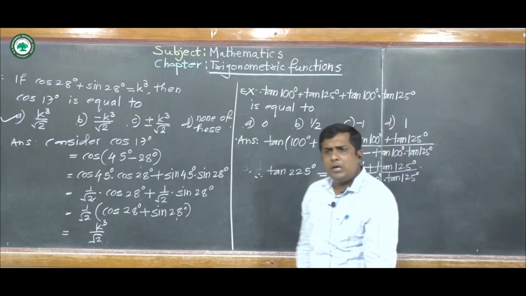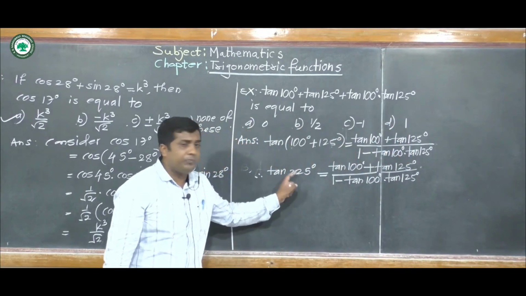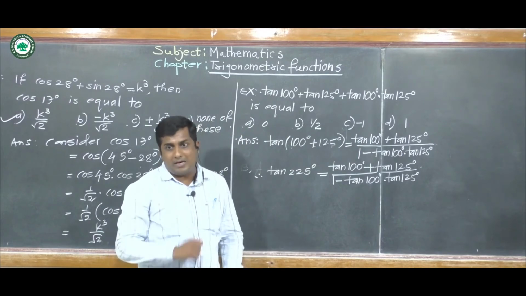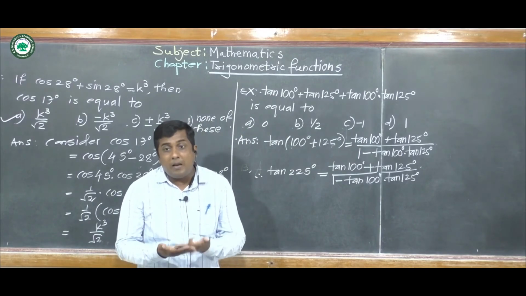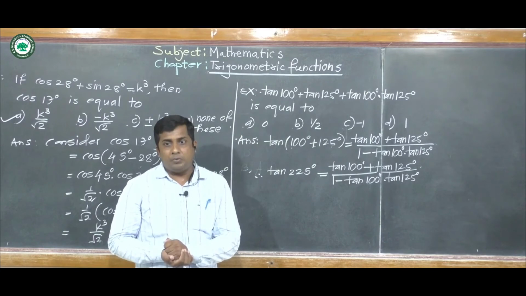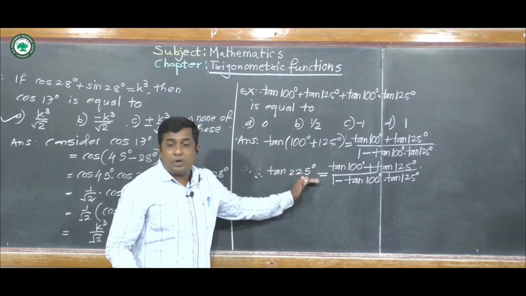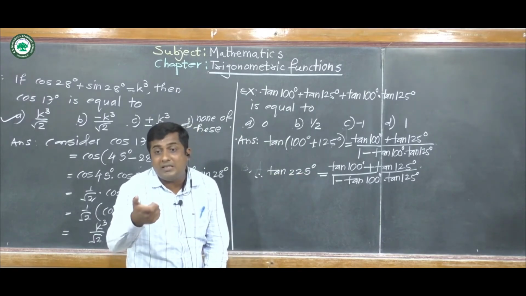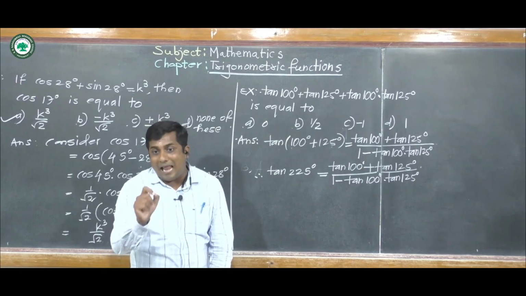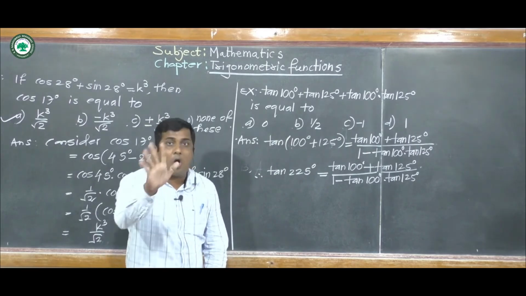Now we know 225 degrees is in the third quadrant. It is 180 plus 45 degrees. We know 180 plus 45 degrees is of the 180 plus theta form. This is our allied angle in the third quadrant.